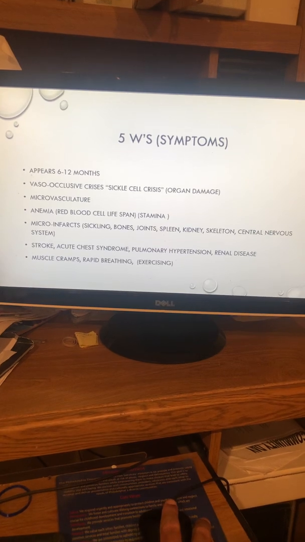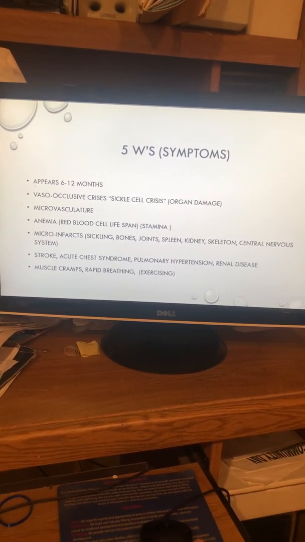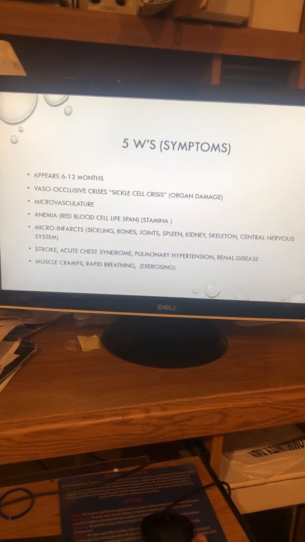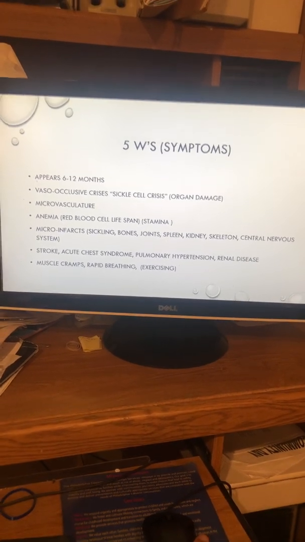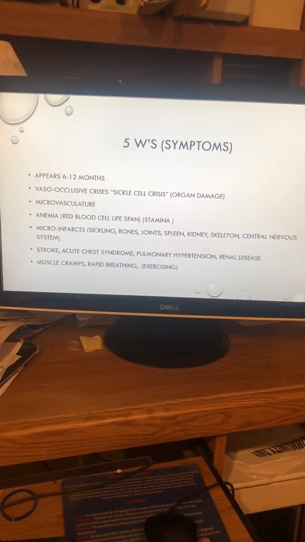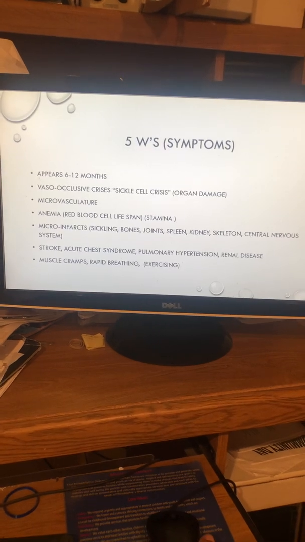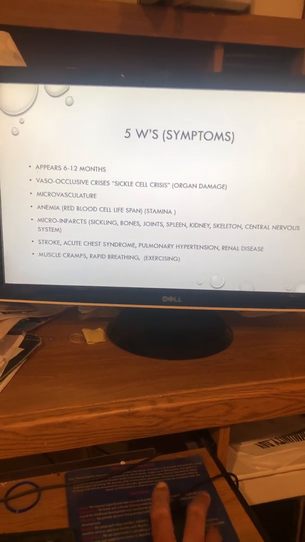Those last two occur more during exercise. If the oxygen is not being sent to the body, then the muscles will cramp. Also, like I said, because of the stamina, you could expect rapid breathing because they are seeking oxygen.